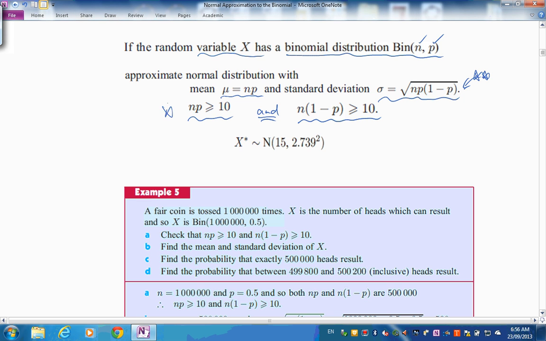So these are important conditions. If they ever ask you to use a normal approximation, you should check that it's appropriate. np must be greater than or equal to 10, and n times 1 take p. And then, here it is, here's a breakthrough.